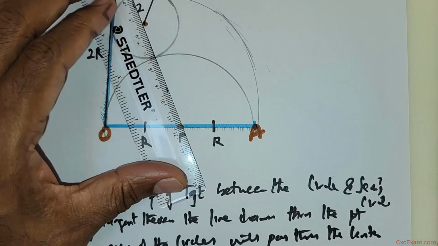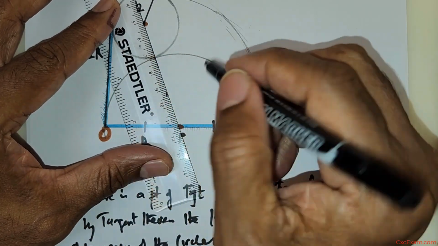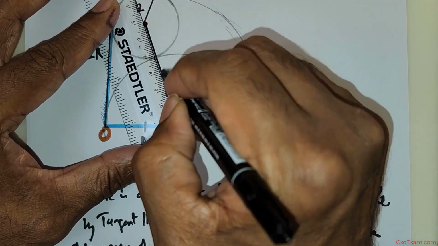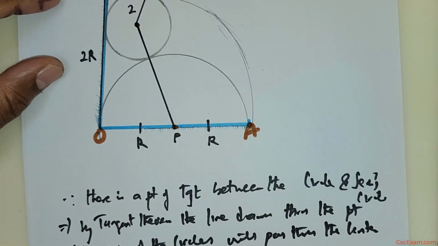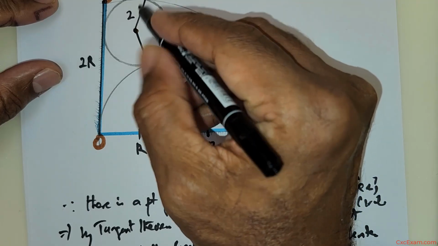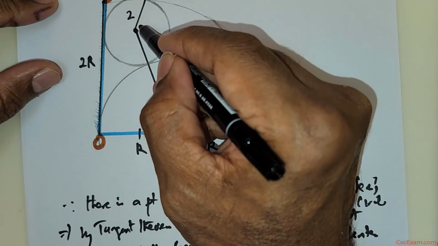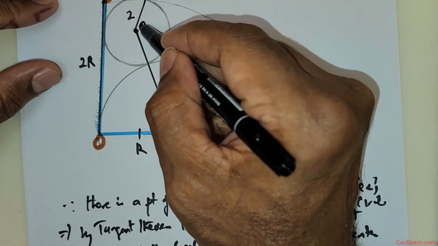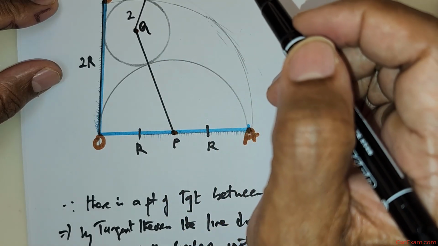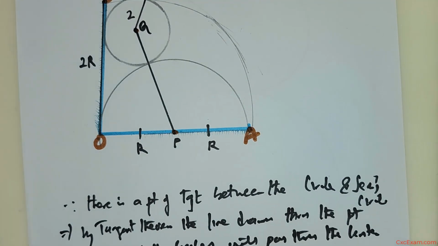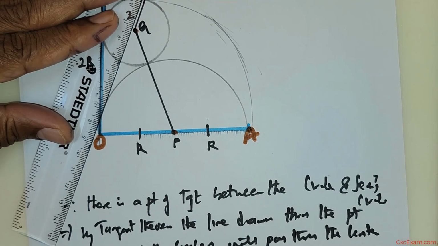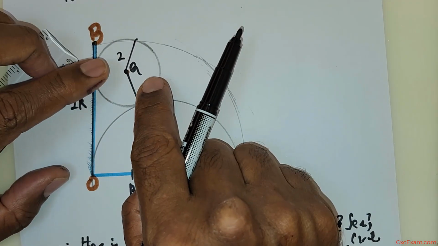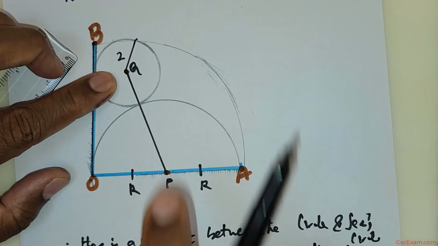So if I were to draw this line through the point of tangency, it is going to hit the centers. Now let me have this as some point Q. Okay, and what I wish to do is I would like to also consider the point of tangency between the circle and the quarter circle.